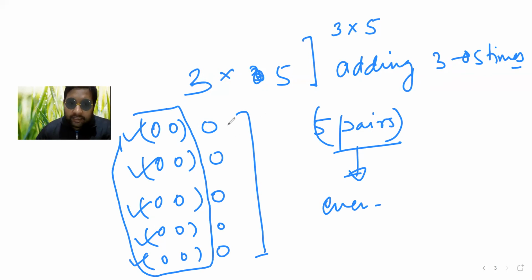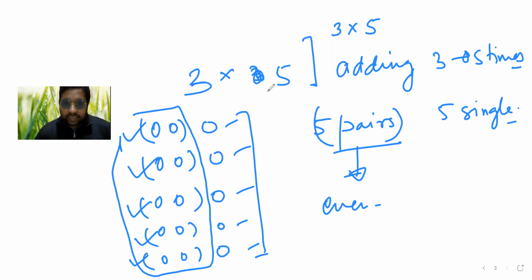Now we have the odd ones out here, the single ones, right? Because 3 is an odd number. How many odd ones out will we get? In this particular case, because we are multiplying by 5, we will get 5 odd ones out. Let's not say odd ones out, it might just confuse you. Let's say we will get 5 single balls.